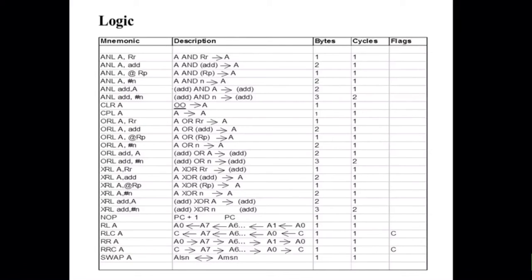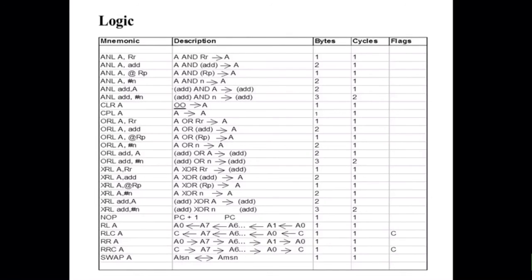So the D7 logic moves to carry, and the carry logic is forwarded to D0. In RL A, D7 comes directly to the D0 position, whereas in RLC A, D7 moves to the carry status and carry is forwarded to D0. This is the simple difference between RL A and RLC A.